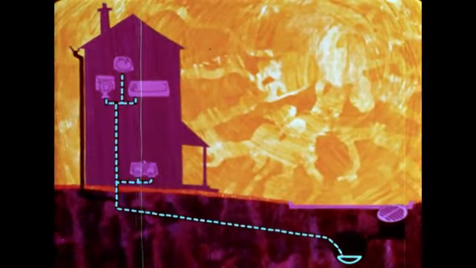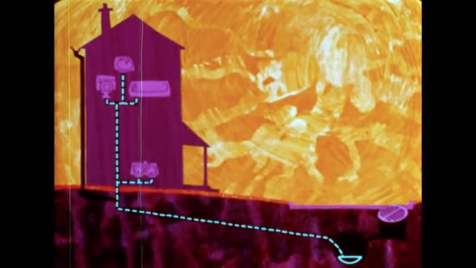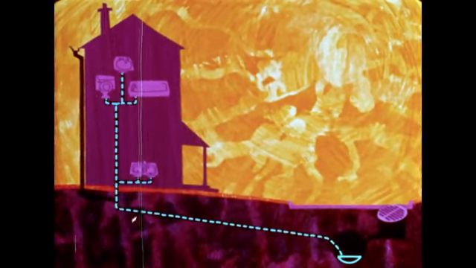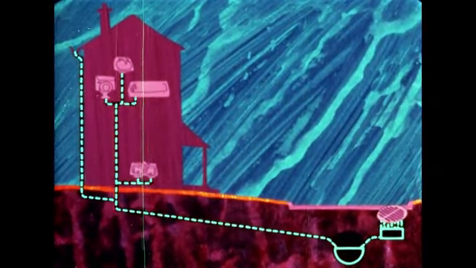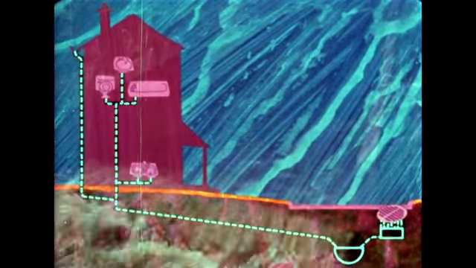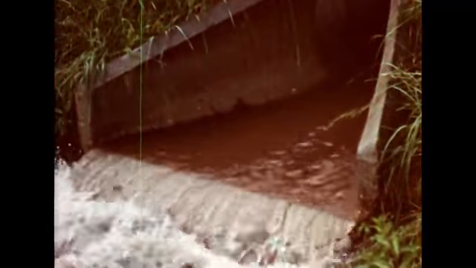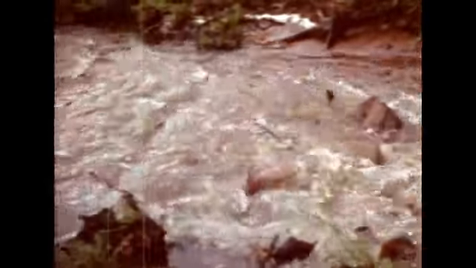In most large cities, the same sewer that carries raw sewage from homes and offices to the sewage treatment plant is also used to carry off stormwater. When heavy rains occur, sewage treatment plants cannot handle the extra load, so raw sewage is diverted to lakes or rivers along with the rainwater.